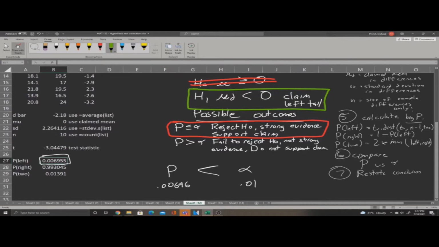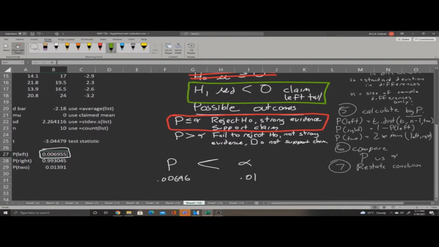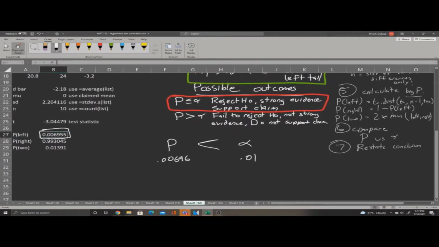Now, the claim was that the local chain is faster. So we'll say there is sufficient evidence at the 0.01 level. Now, we've decided to support the claim, and let's restate that the claim was that the local chain is faster.